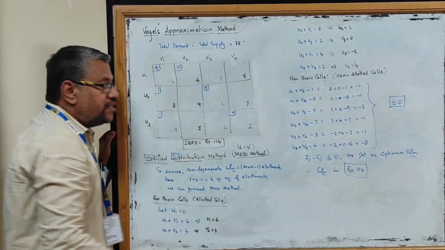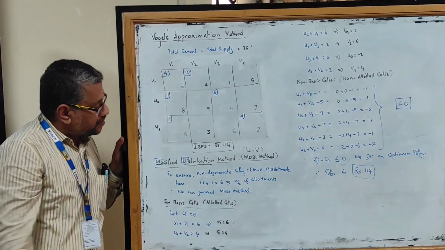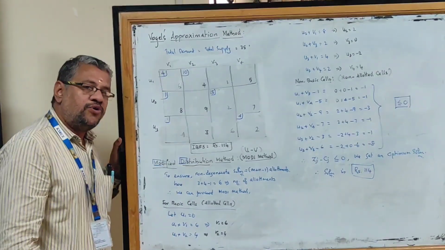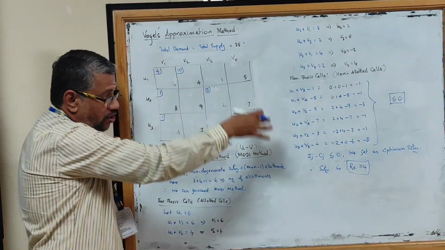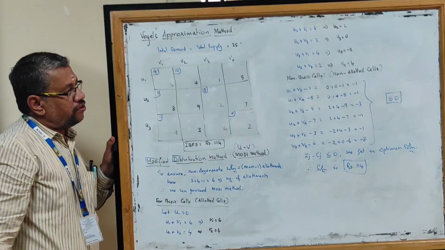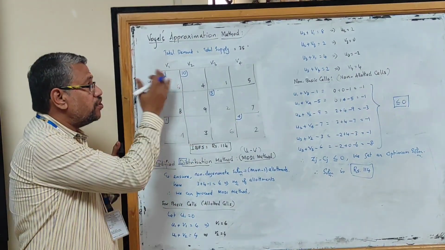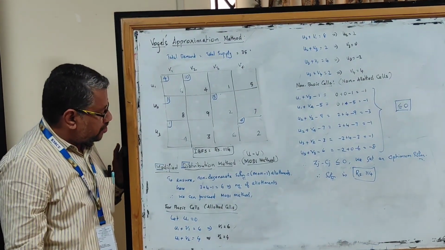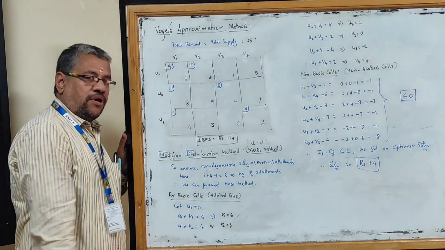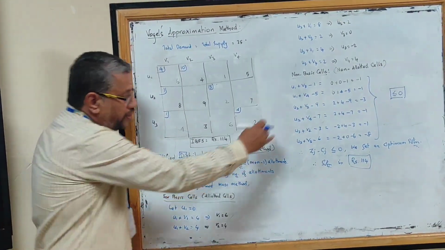Then we'll have to follow some steps in the Modi method. Using those steps we'll have to reduce to 114. That is why, in order to avoid those steps, we already solved the IBFS using Vogel's approximation method. If time permits, we'll have one more problem in the Modi method, modified distribution method.